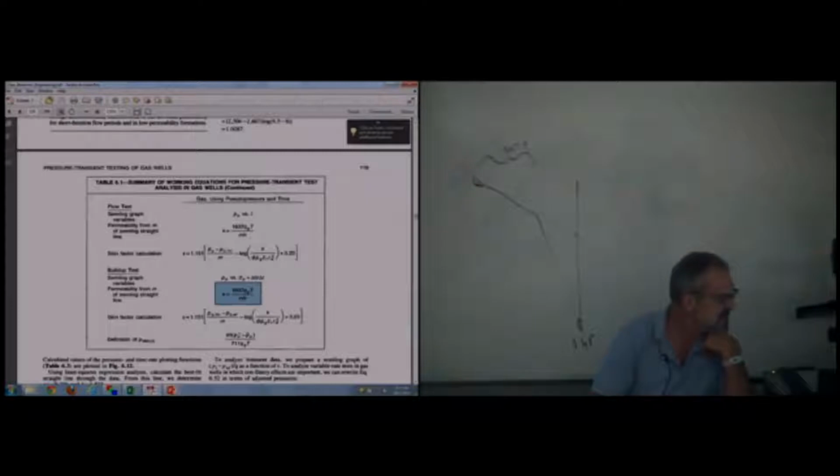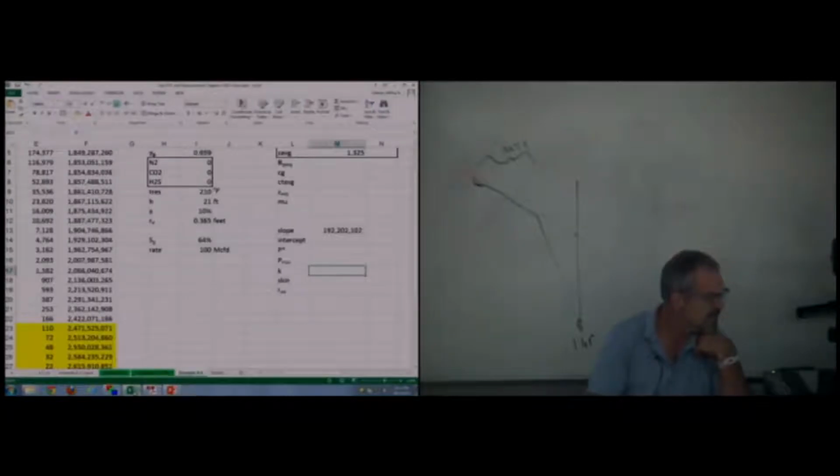So this is, for a buildup and a drawdown, exactly the same. Okay? The permeability calculation for a buildup and a drawdown is the same. So we can just come over to 6.3 and grab that.